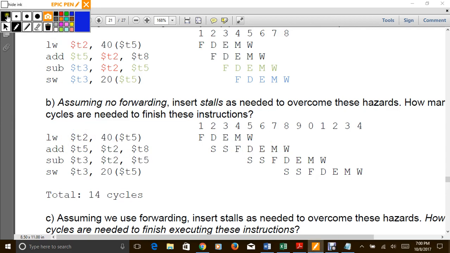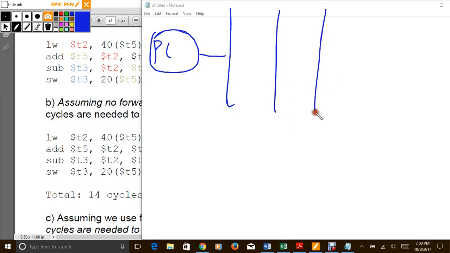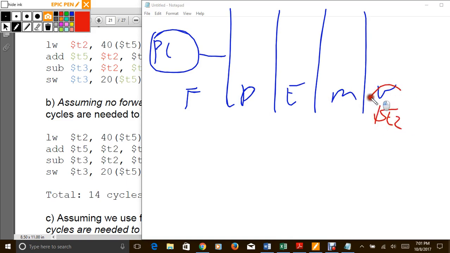So to bring back up my notepad here, what we're doing is we have the result stored. You have fetch, decode, execute, memory, and write back here. And then in the add instruction, I do not have the value of T2 until I've written back to the registers, and then it's available to put on the buffer in the next instruction, putting that value in the ALU.